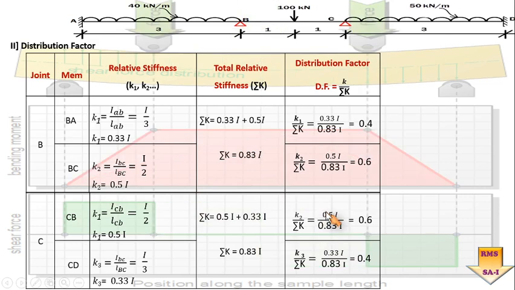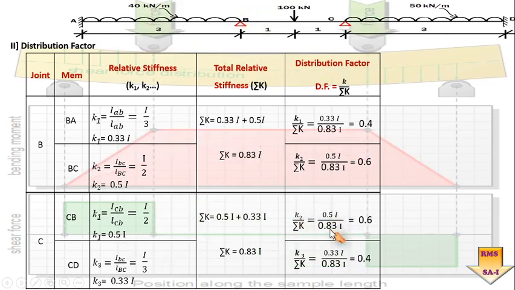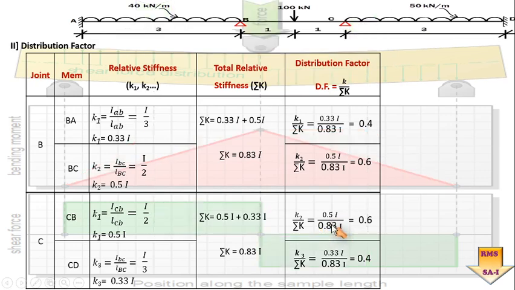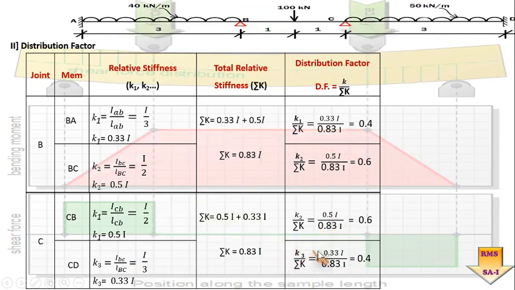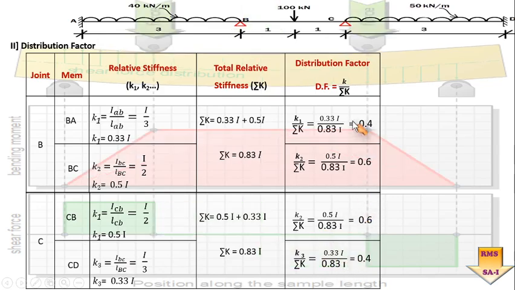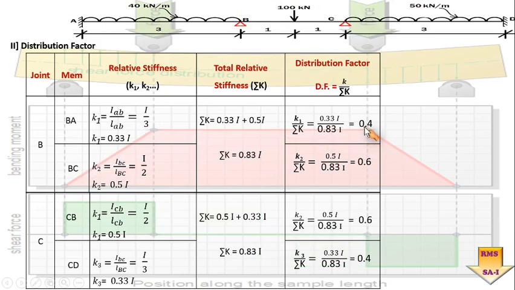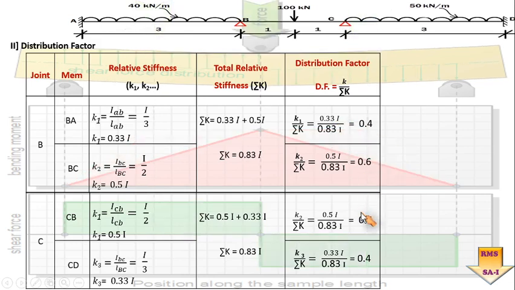Same is the case with this distribution factor, K3 divided by the algebraic summation of K and K4 divided by the algebraic summation of K. So this is how we have worked out the value of the distribution factor for BA, BC, CB and CD.